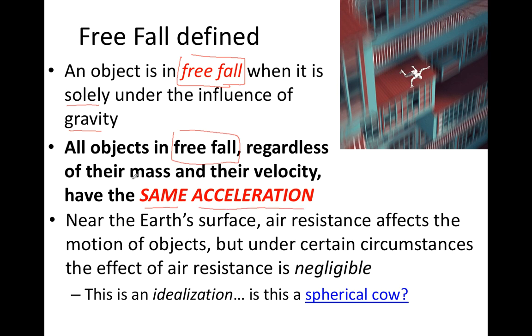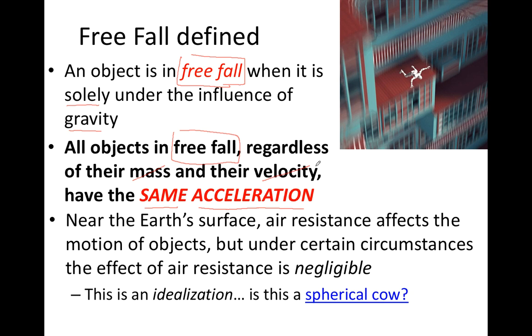It doesn't matter what their mass is, it doesn't matter what the velocity is, whether we throw it up, throw it down, or drop it. All objects, when they're in free fall, only being acted on by gravity, all have the same acceleration.